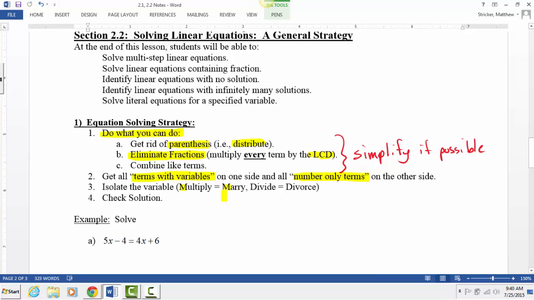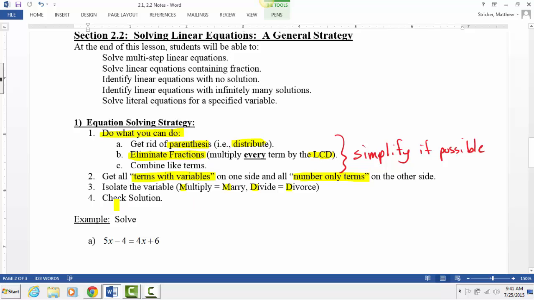How do you undo a marriage? Well, by divorce. Just so happens that divorce starts with the same letter as divide. So you undo a marriage by divorce, and you undo multiply by divide. So I say multiply, marry, divide, divorce.